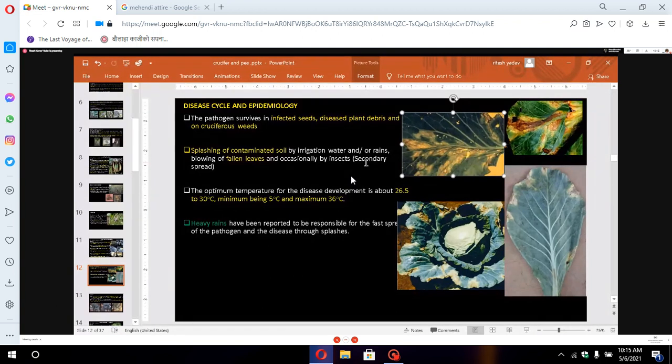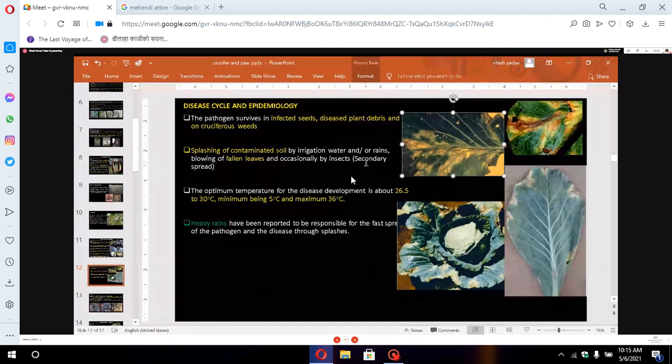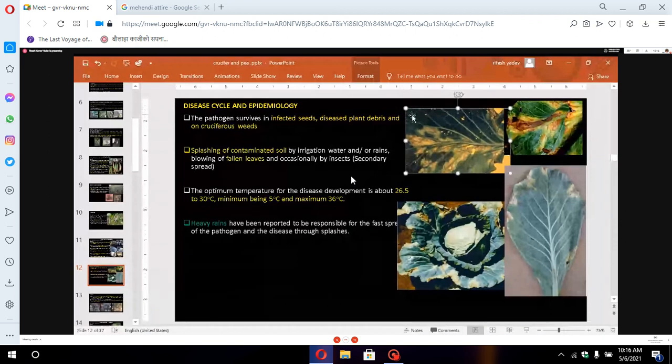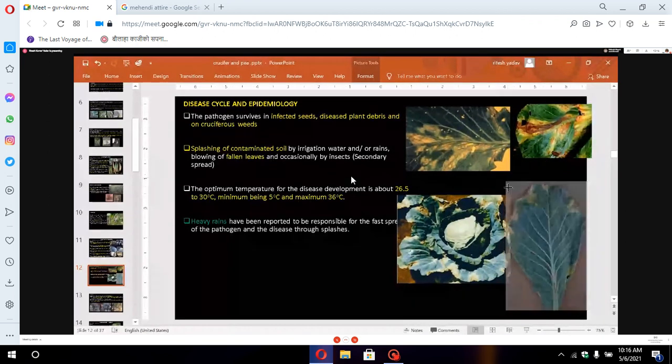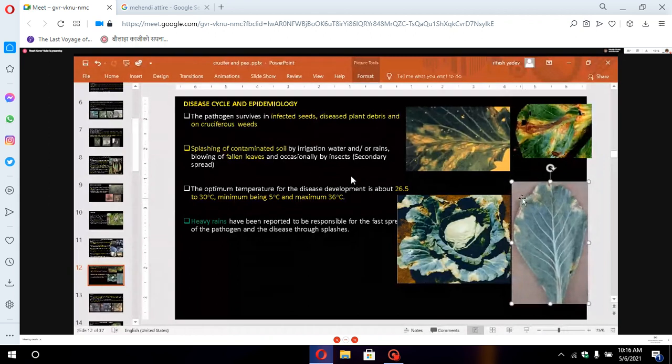Right? So under Tarai conditions, the bacteria cannot survive for a long period. Generally it can survive only 2 to 3 months in plant debris. So generally, infected seeds are the major reason behind epidemics of this disease in our context. This is favored by slightly higher temperature, 26 to 30 degrees Celsius. After 36 degrees Celsius, this disease is not seen.